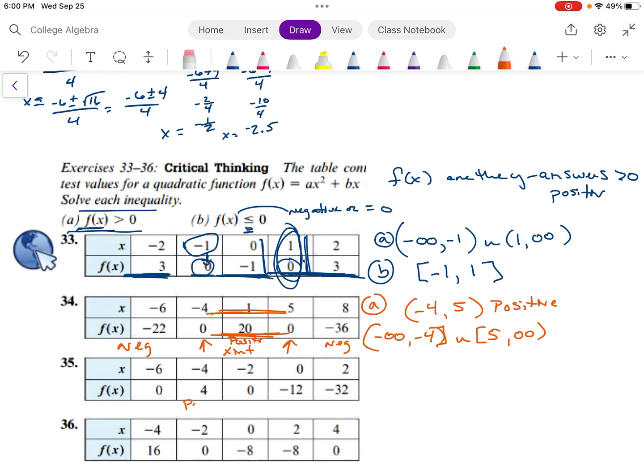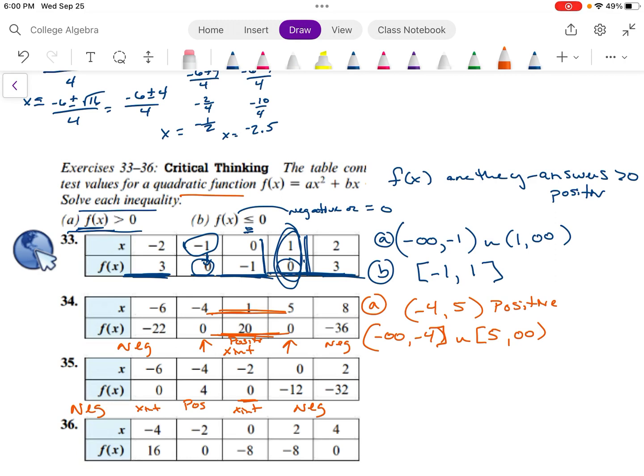All right, so here I'm positive. This is an x-intercept, is what that is, and that's another x-intercept. Again, since this is a quadratic function, we are negative over here. So we also can say that over here we're negative.